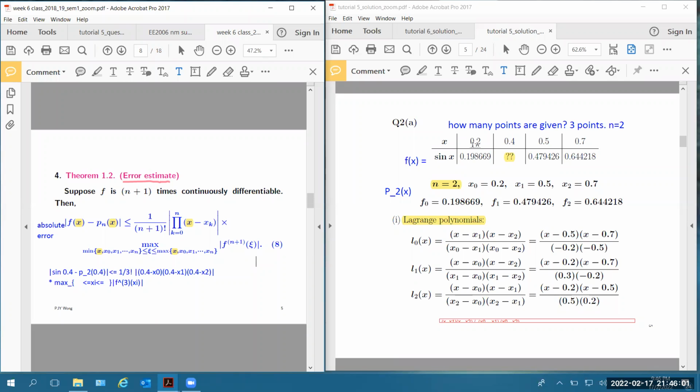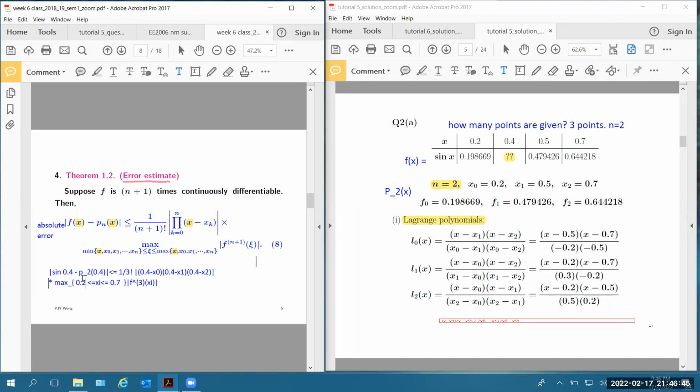So what's the minimum among 0.2, 0.4, 0.5, 0.7? 0.2. Yep. And the maximum value is 0.7. So here you are maximizing the third derivative of the function over the interval 0.2 to 0.7. All right, so that's what we have.